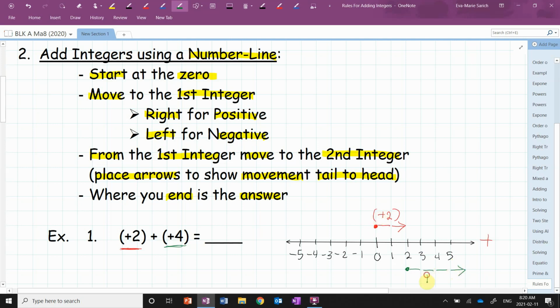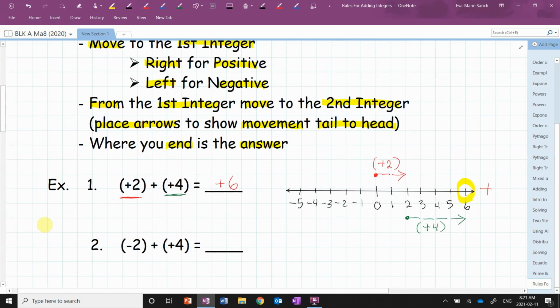And that arrow represents positive 4, so I'll put its value. So where I end here is going to be our answer. And in fact, I haven't drawn enough numbers, but if we go to the next integer, it would be 6 in the positive direction or on the positive side. So our answer is actually going to equal positive 6.